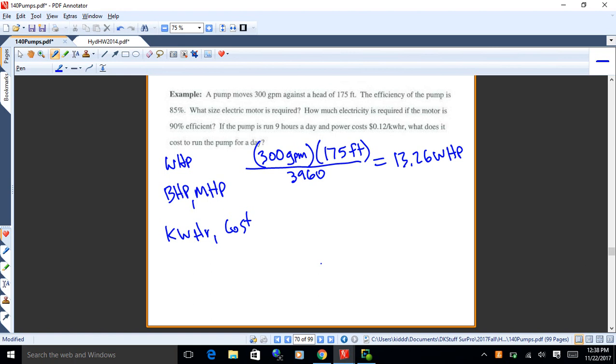A little bit more than 13 water horsepower, you okay with that? Okay. Then get the efficiency and divide that out. That'll get you to the motor horsepower, which is the horsepower coming into the motor.